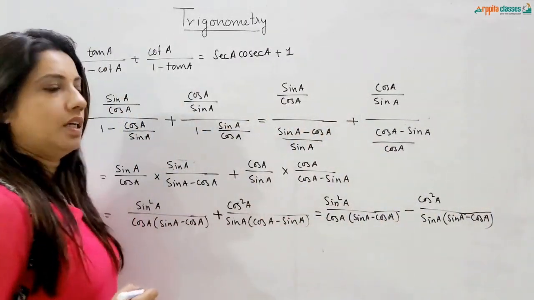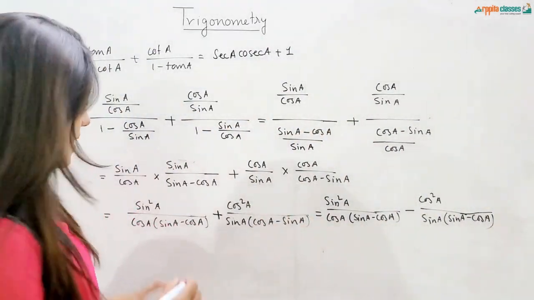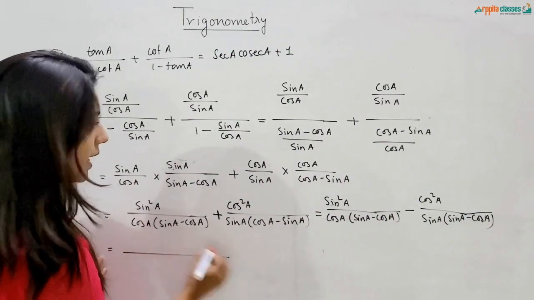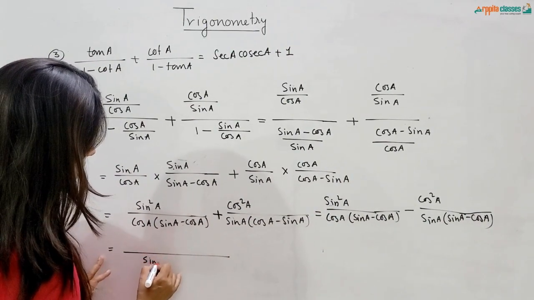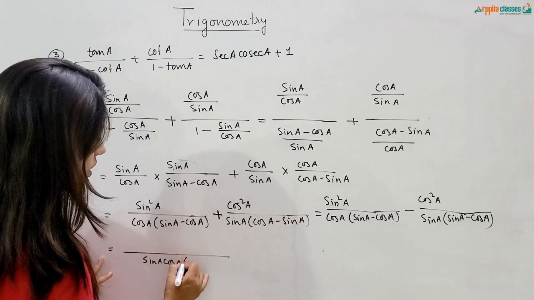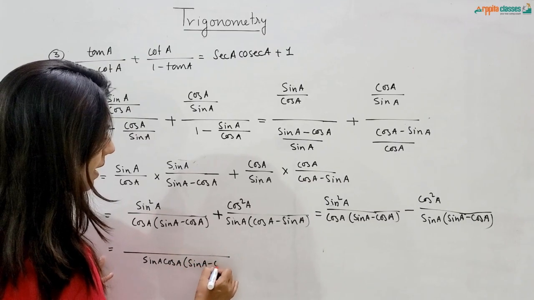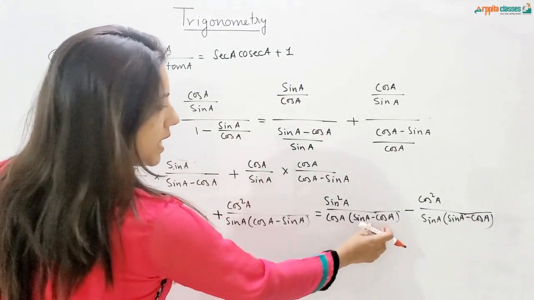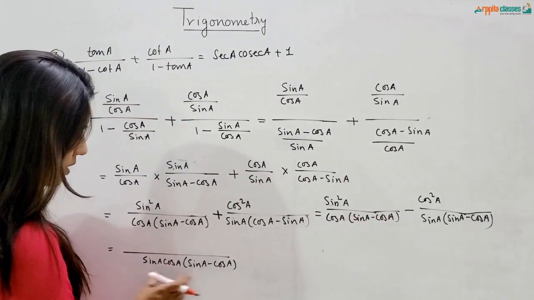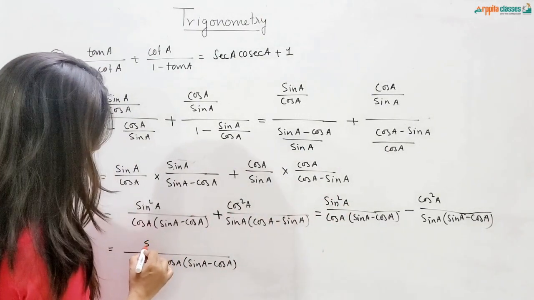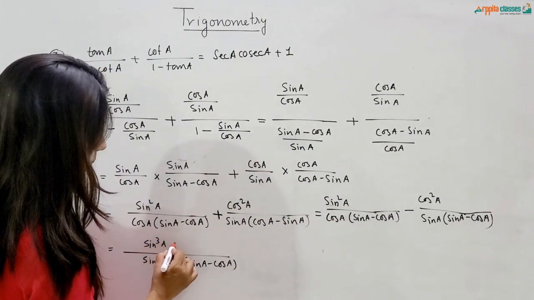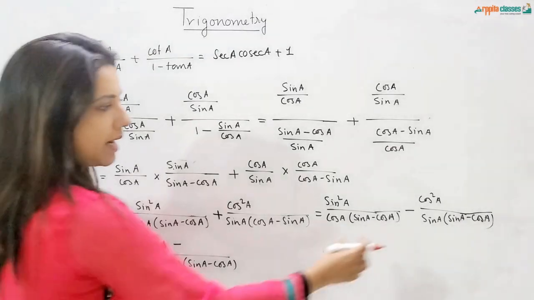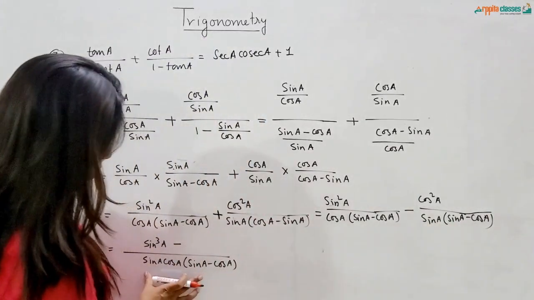Okay, now the next step is I will take the LCM. I am taking the LCM. The LCM is sin A cos A whole into sin A minus cos A. So in the numerator you can see cos A and sin A minus cos A is there. So sin A into sin square A will give you sin cube A. In between I have minus. Again from here sin A and sin A minus cos A is there.